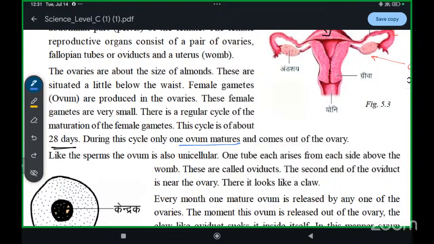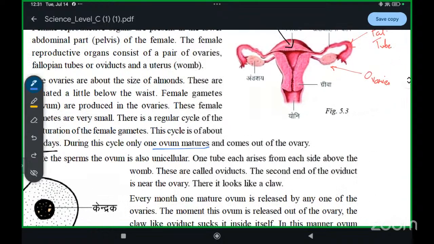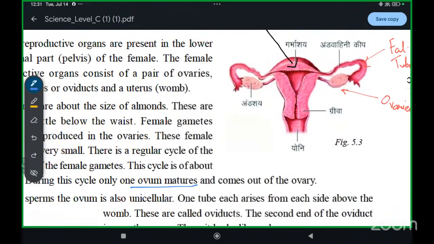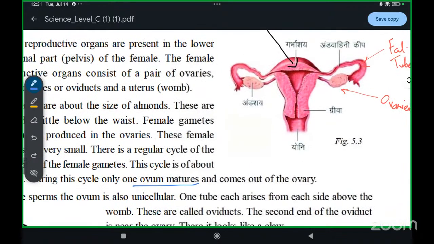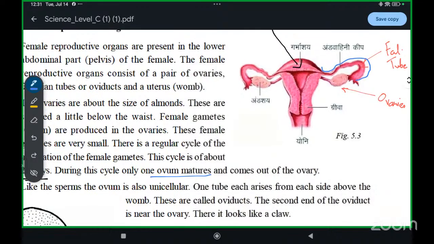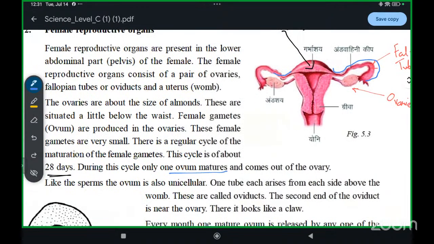One tube each arises from each side above the womb. So you can see that there are tubes. There is this tube, and this tube. These tubes are called fallopian tubes or oviducts.